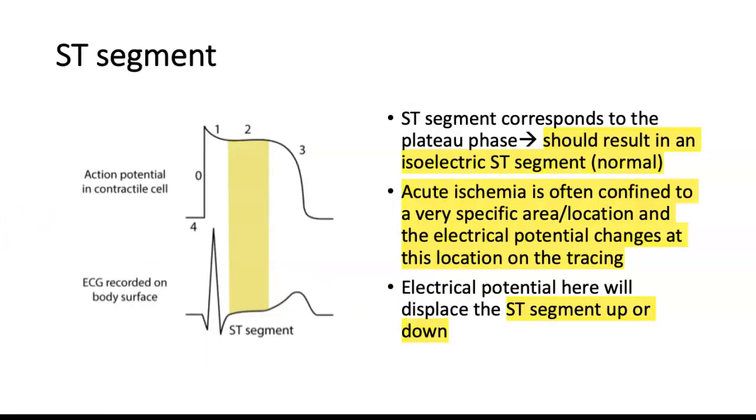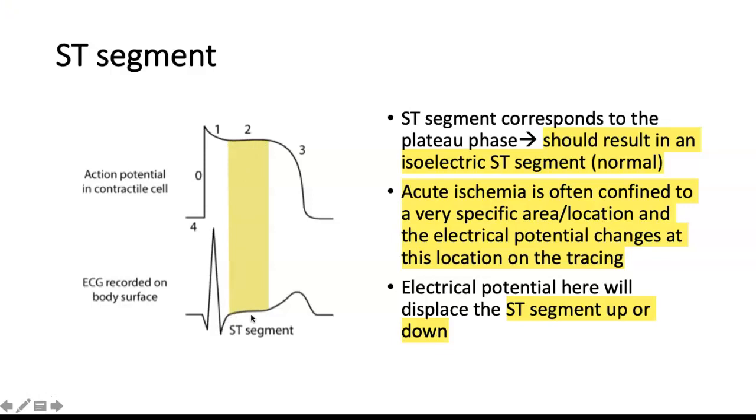The ST segment. The ST segment corresponds to the plateau phase of the action potential, and normally this results in an isoelectric ST segment. So here's the plateau phase, and this is normally a fairly isoelectric ST segment.